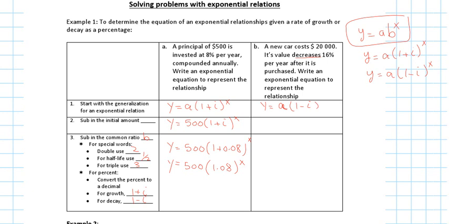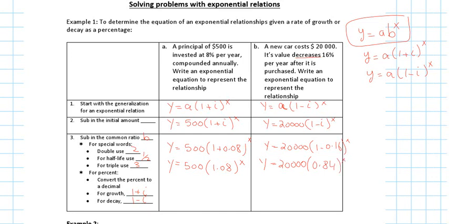So I have y equals, what's my initial value here? 20,000, right? So this is how much the car was worth when you bought it. What is i? 0.16. So remember that you divide by 100 to find the decimal of the percent. So that's going to be 0.84 to the power of x, right?